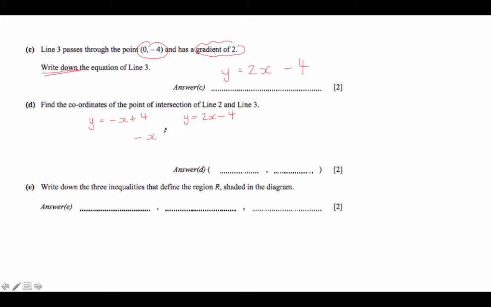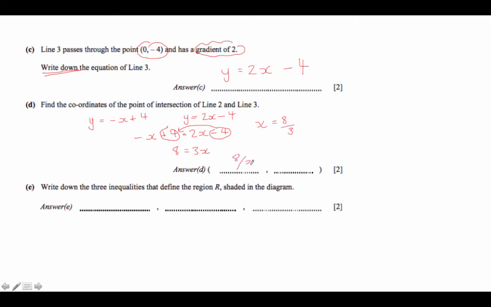So we can say that minus x plus 4 is equal to 2x minus 4. And then minus x on this side, if we bring that over here, we'd get 3x, and if I bring this minus 4 over here, that would give me plus 8, so I'm going to end up with x equals 8 over 3.